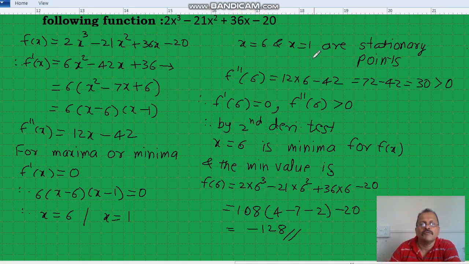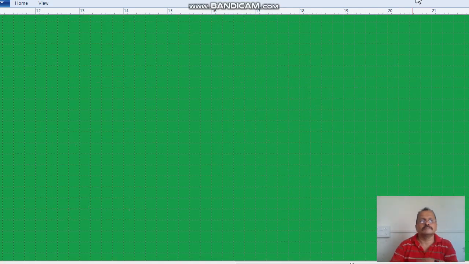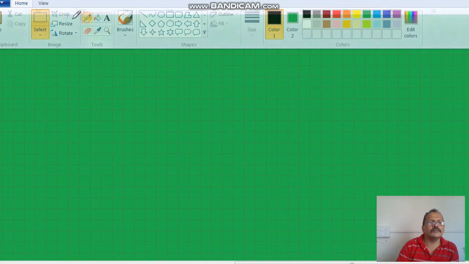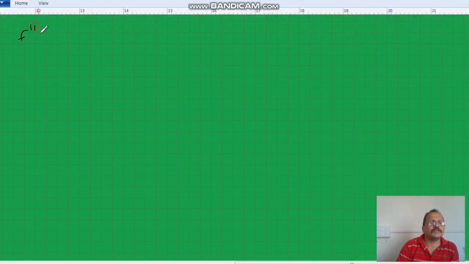Let us see what happens when x is equal to 1. For x equal to 1, f''(1) is 12 into 1 minus 42, it is minus 30. This is negative.